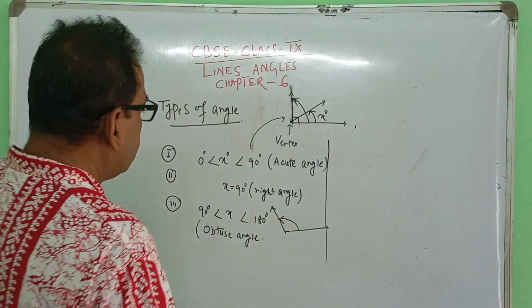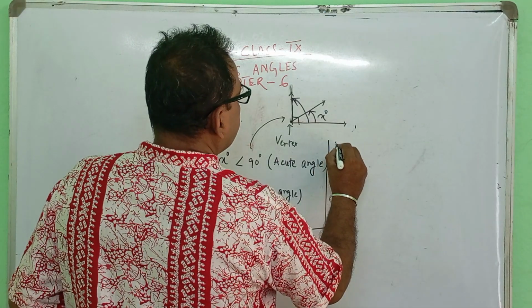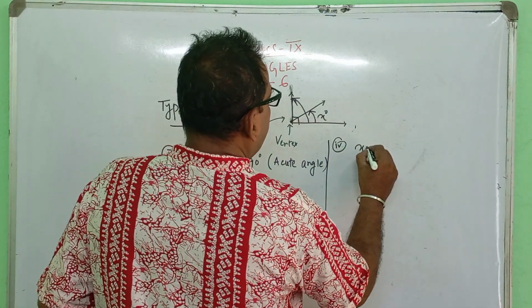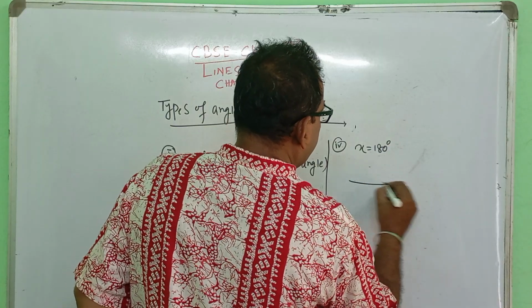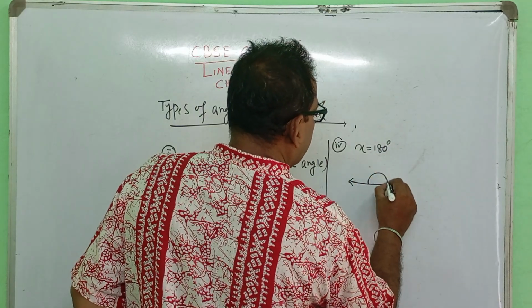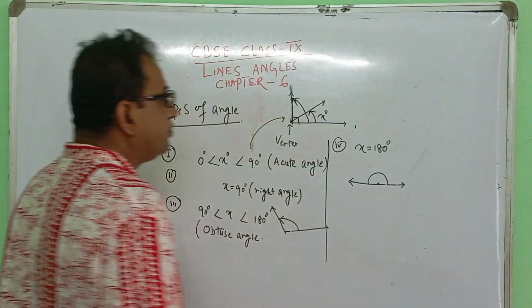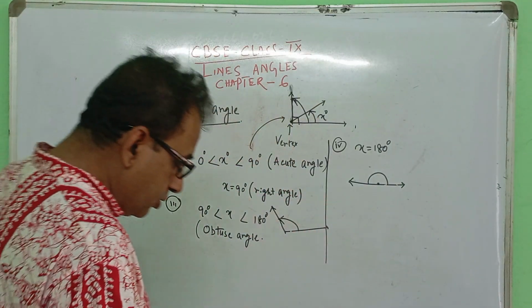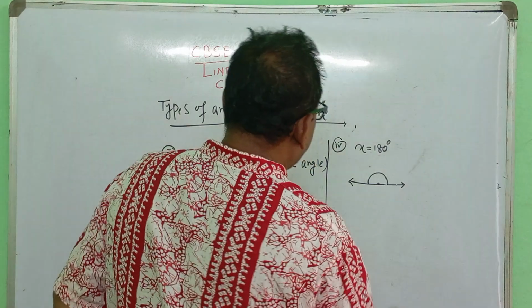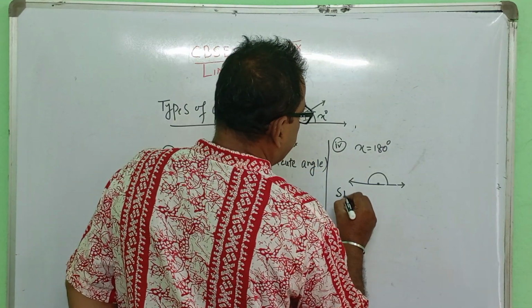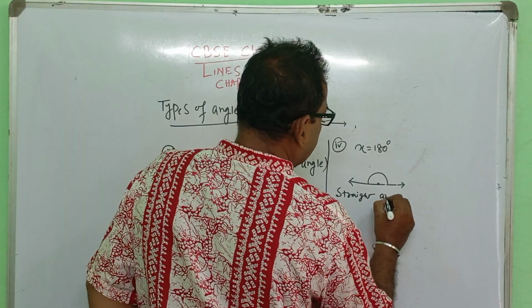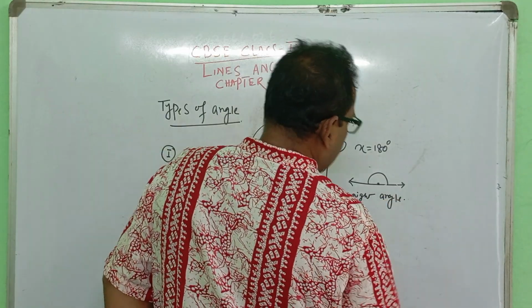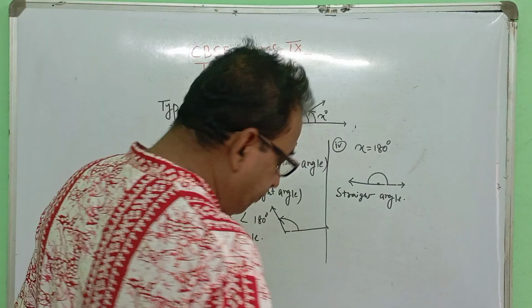Now the fourth: x is equal to 180 degree, that is called straight angle.